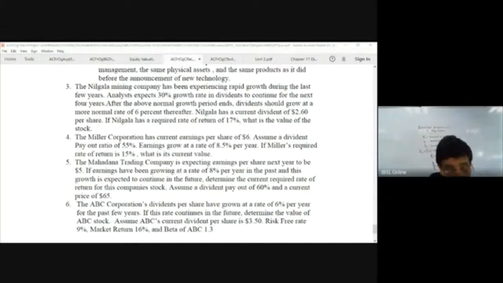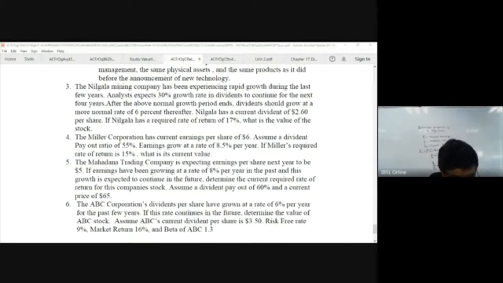So growth rate is 8.5%. Therefore, 3.3 has to be multiplied with 1.085. That comes to 3.5805 and it should be divided by K minus G. K is 15.